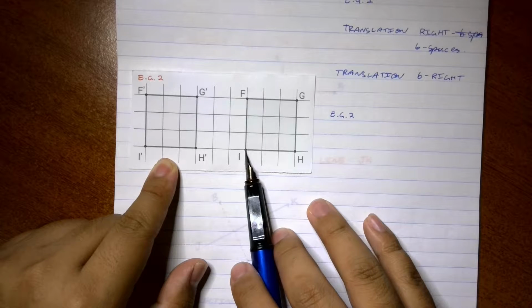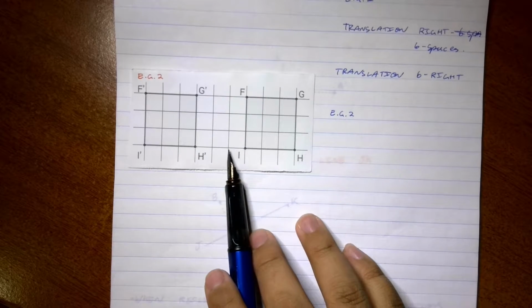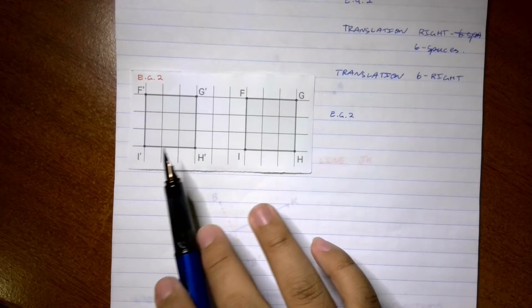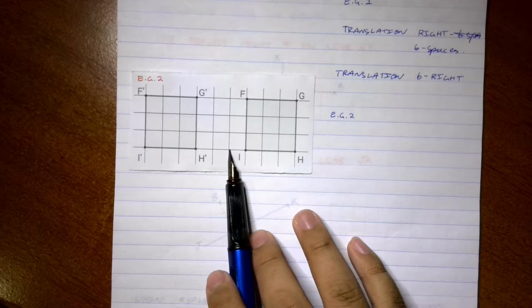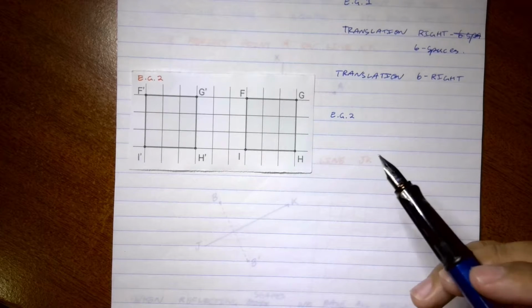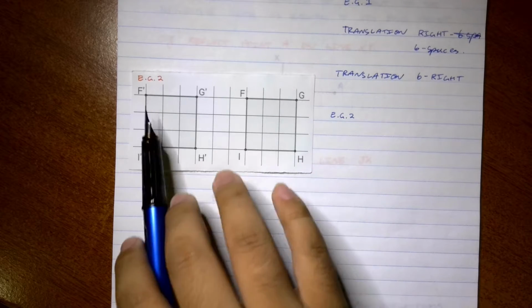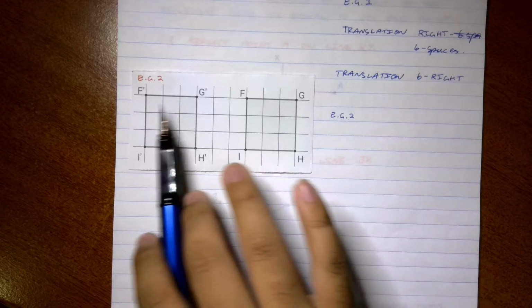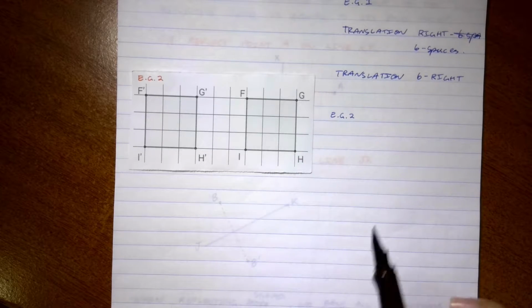So looking at our start point, we can count to our end points. Let's count here. 1, 2, 3, 4, 5, and 6 once again. Let's double check that. 1, 2, 3, 4, 5, and 6. And as we've seen previously, it's very obvious that there's a translation of 6 on all 4 corners.